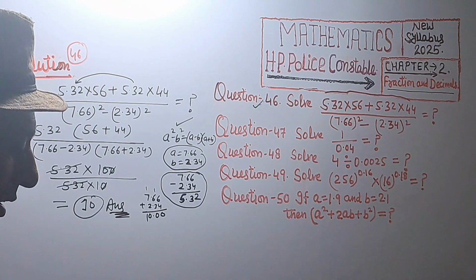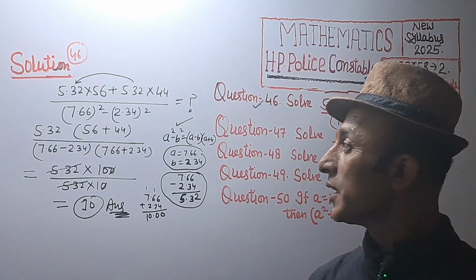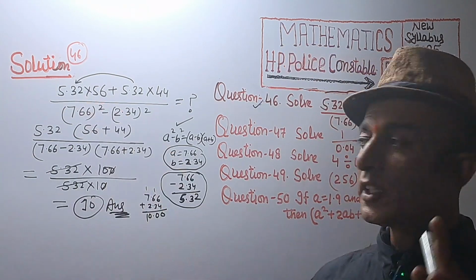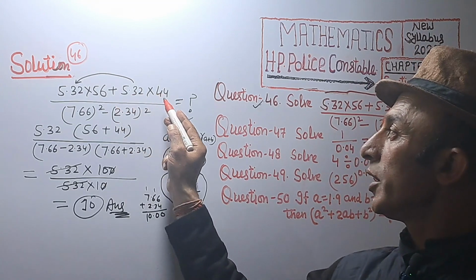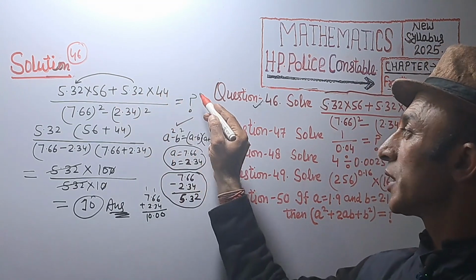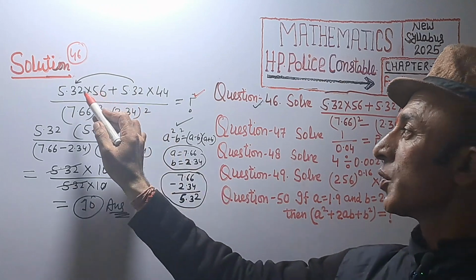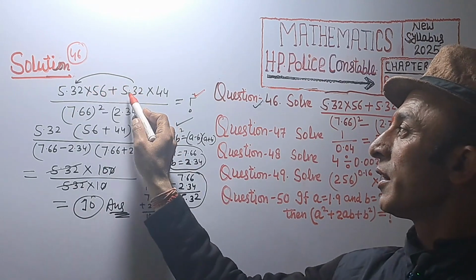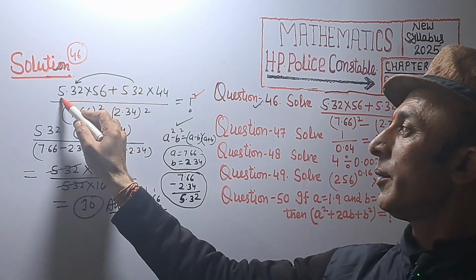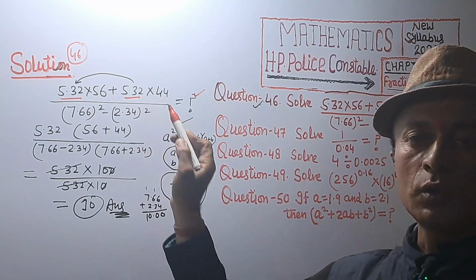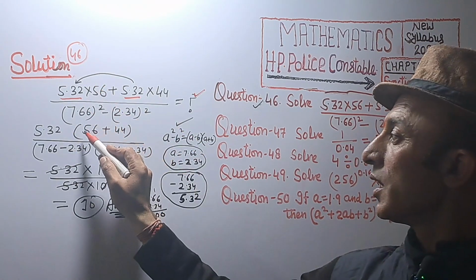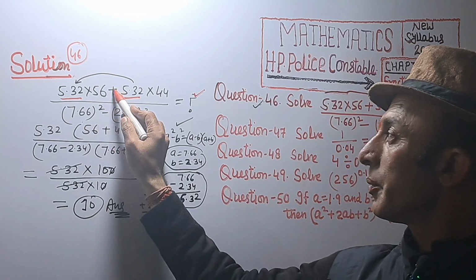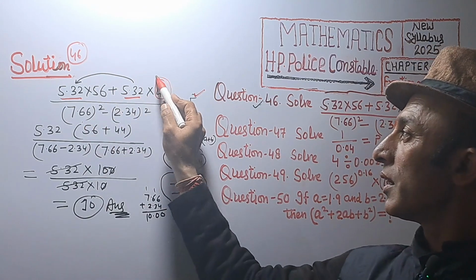Answer is 10. Given question 46, 5.32 into 56 plus 5.32 into 44 equals question mark. First of all, we are taking 5.32 common in the numerator, and in bracket 56 plus 44.